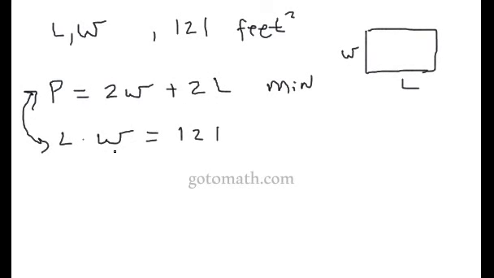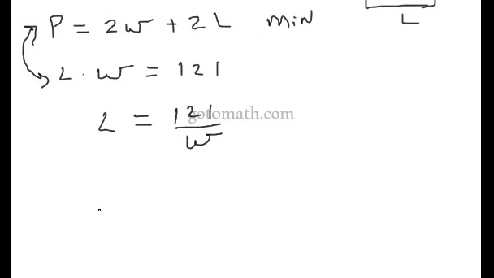It doesn't matter which one you solve for, L or W, makes no difference. We're going to go ahead and solve for L here, and so we have 121 over W. Now I'm going to go ahead and take this and plug this into the primary equation so we can get everything in terms of one variable, and in this particular case it's going to all be in terms of W.